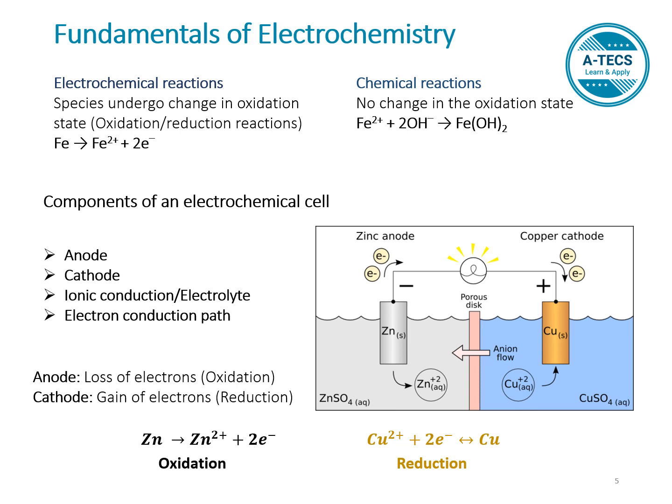So in this diagram, on the right bottom corner, I am showing you an electrochemical cell. This is an example in which zinc is electrically connected with a copper metal.